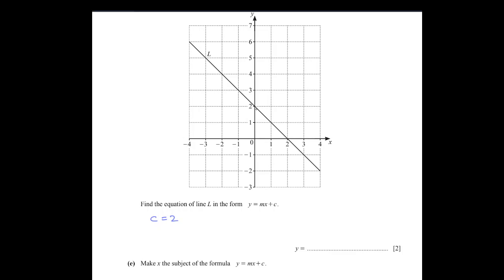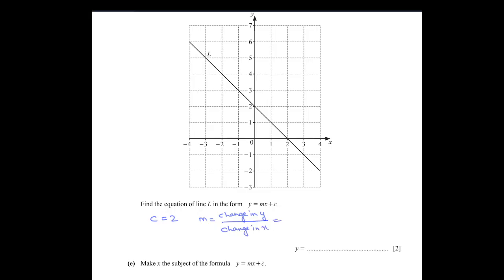Then now see the gradient, like how it is changing. One box left and one box up, left up, left up. So m is change in y by change in x.